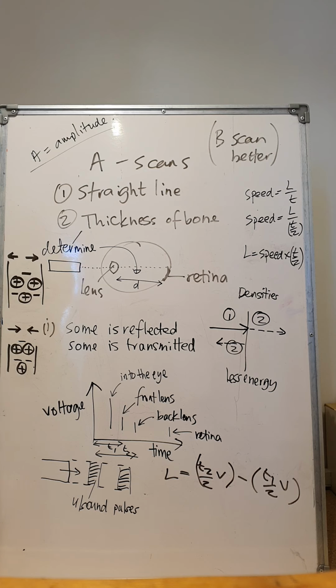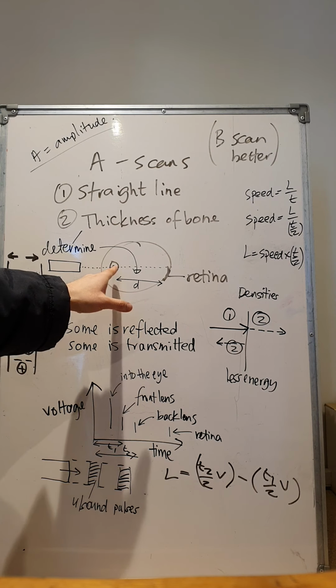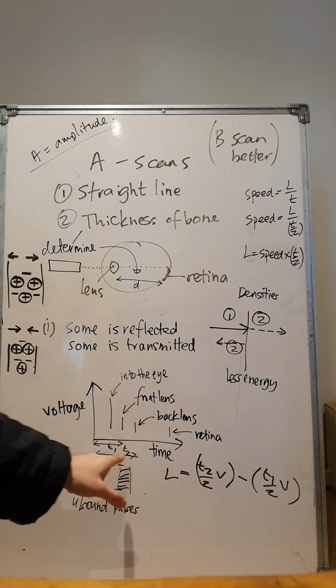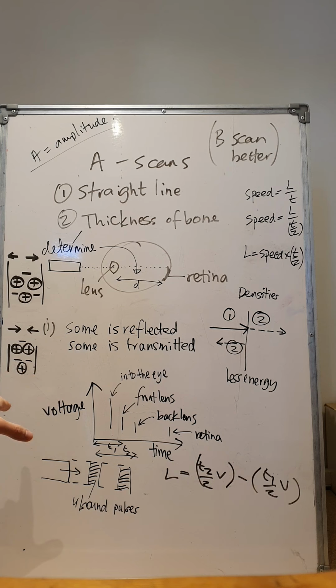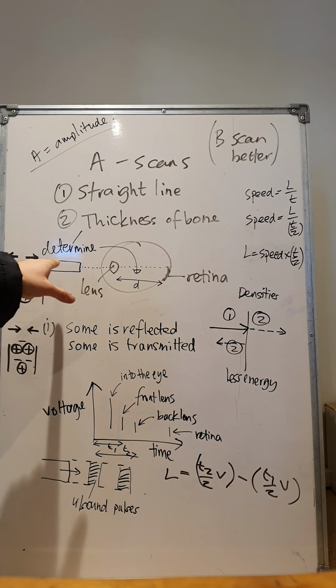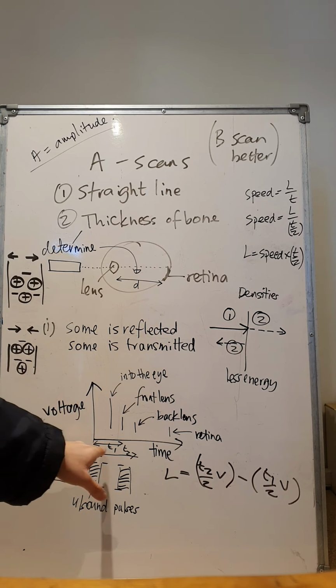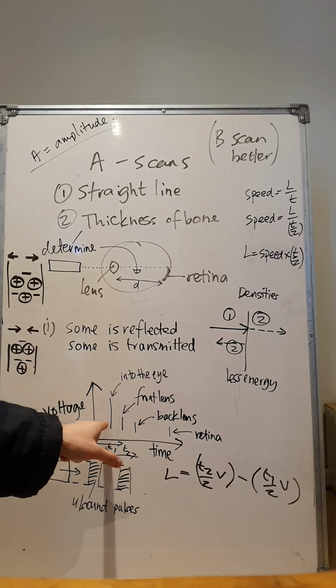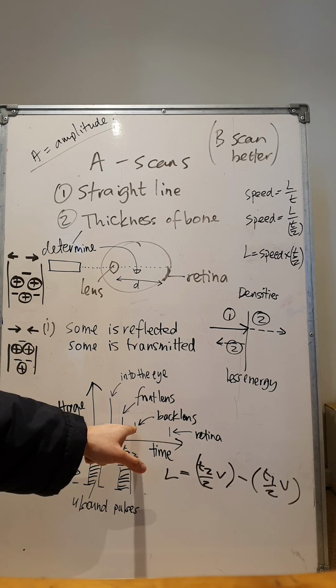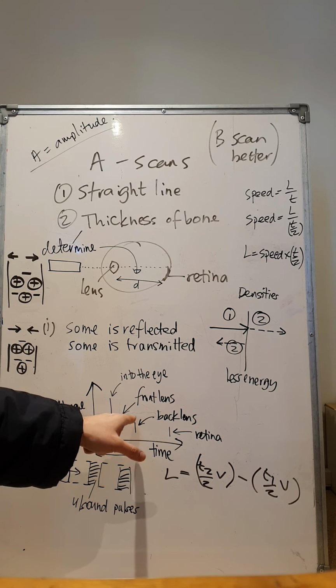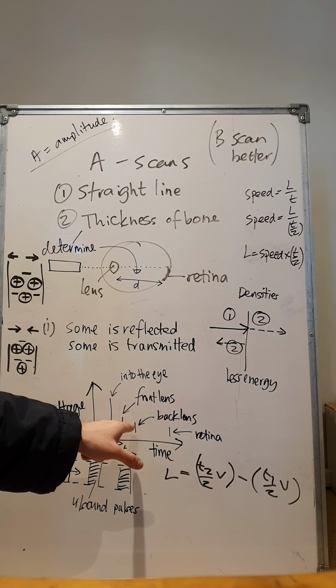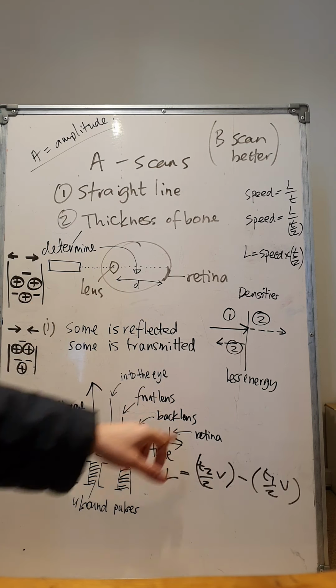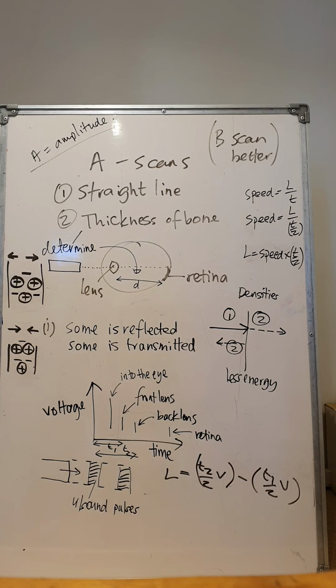Okay, so how would you work out the distance of the lens? In this case, let's look at that here. T2 is the time it takes for the reflection to reach the transducer. So T2 is the time for the reflection of the ultrasound pulse after it hits the back of the lens.